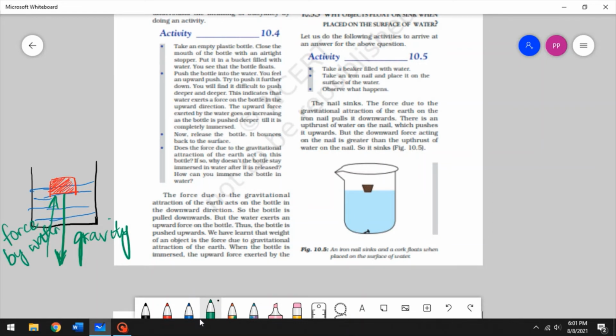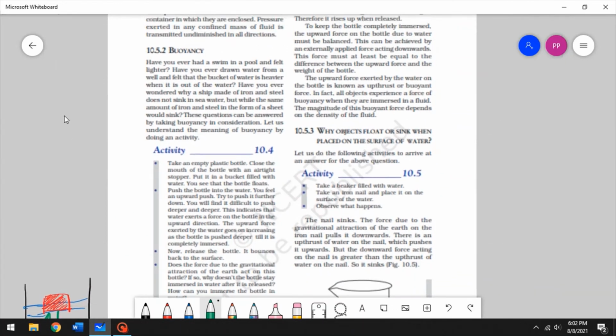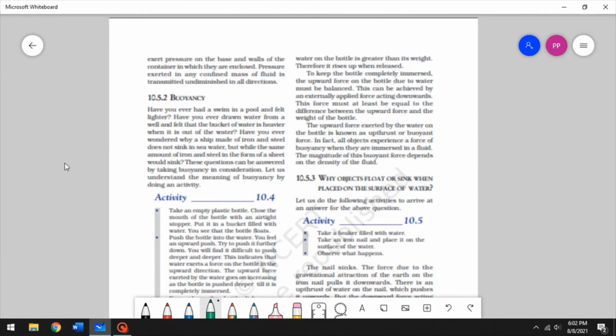So weight of an object is the force due to gravitational attraction, right? So when the block of wood is immersed, the upward force exerted by the water on the bottle is greater than its weight, right? So it rises up when the block of wood is released. To keep the block of wood, I'm going to switch to bottle because it keeps saying bottle everywhere.